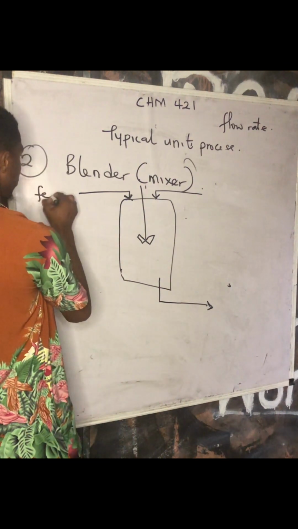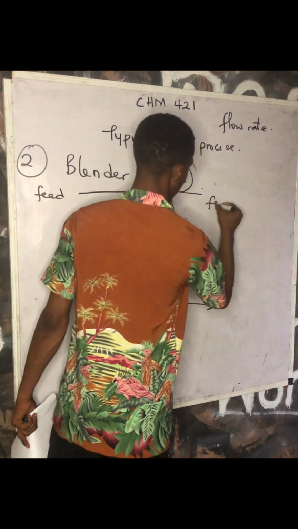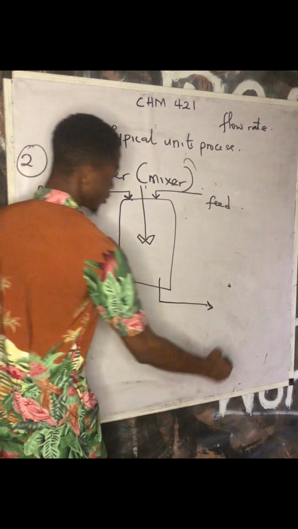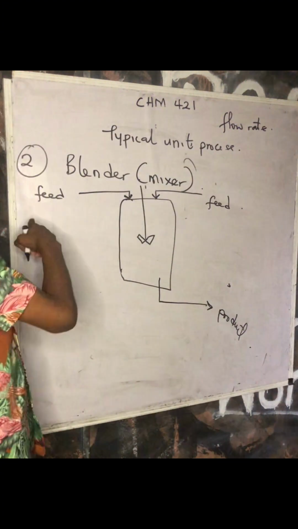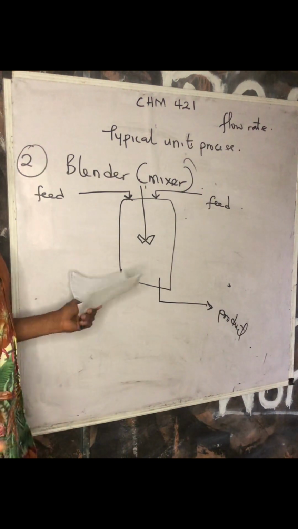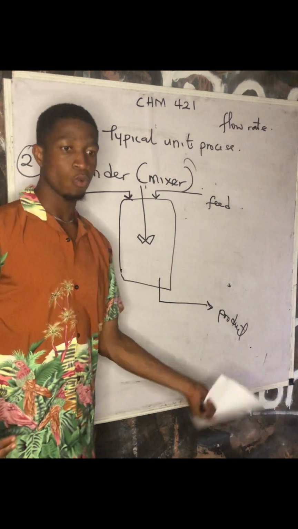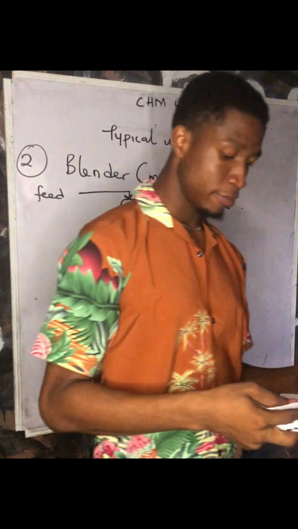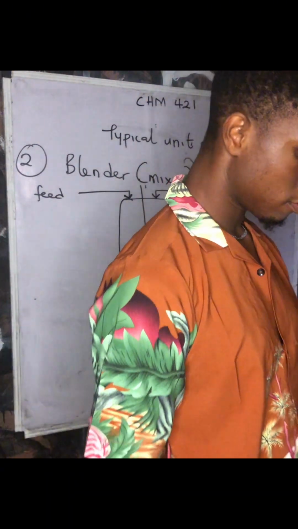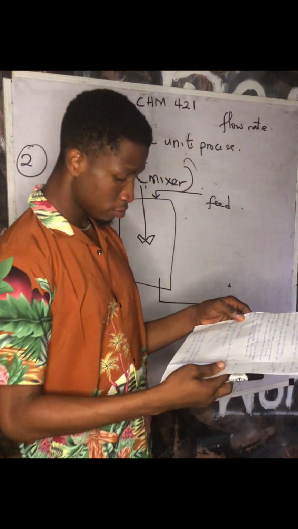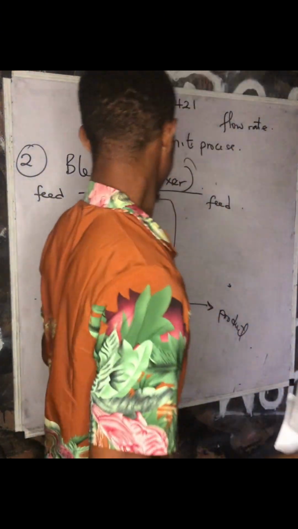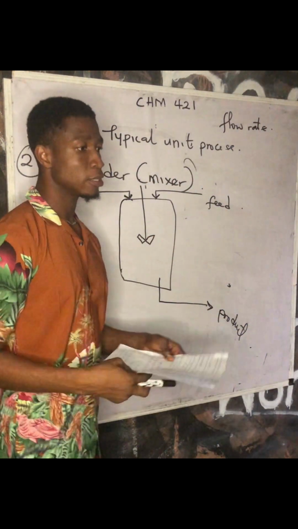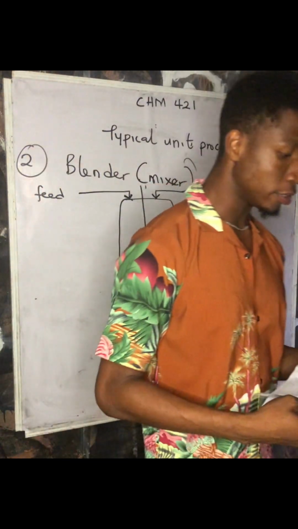These are feed streams, and this is the product. We have 2 feed streams and 1 product. You can have more than 2 feed streams, but only 1 product in a mixer, unless it's not a mixer. And the streams can be in any phase: liquid, gas, or solid.